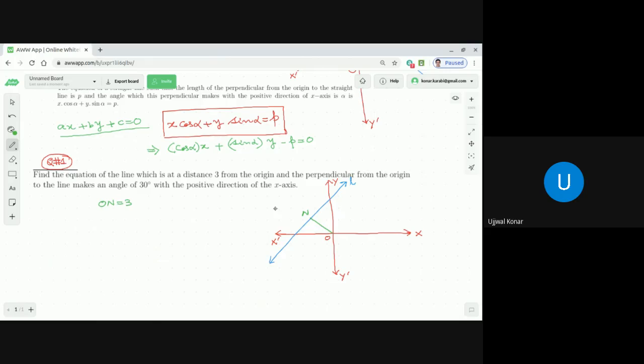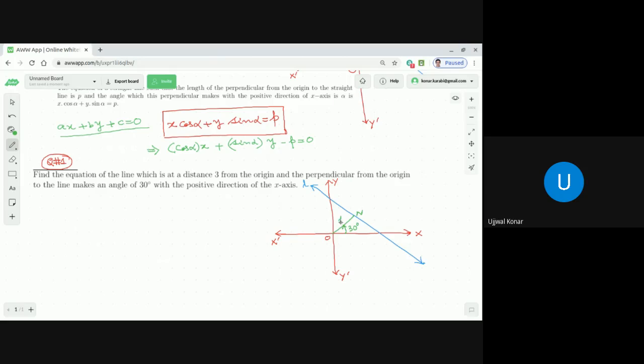The orientation of the straight line will be a little different based on the question. So the straight line should be something like this. If we draw a perpendicular from the origin to that straight line, and N is the foot of the perpendicular, then this angle according to the question is 30 degrees.